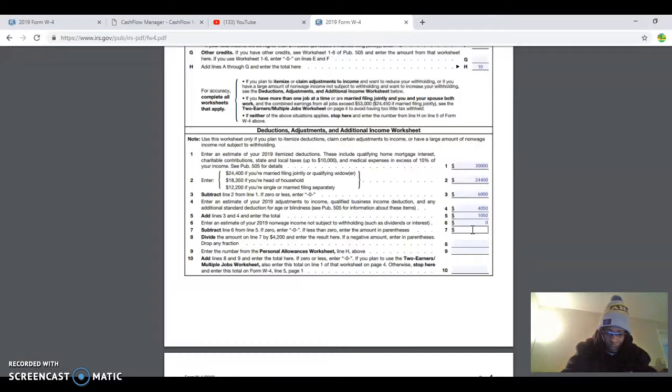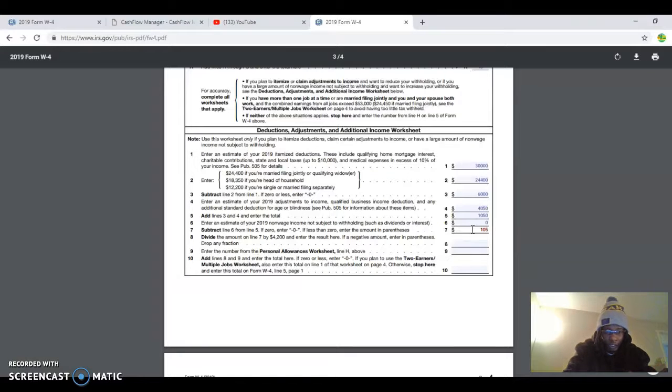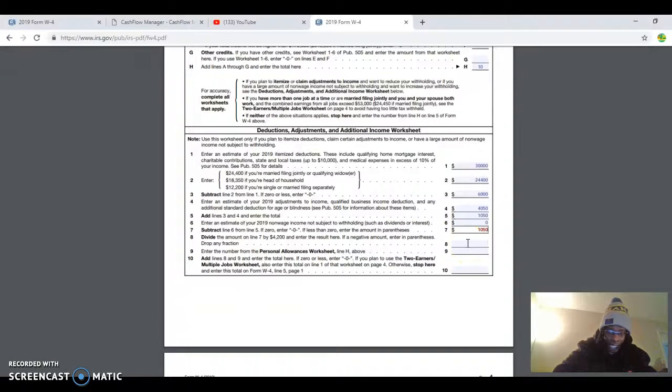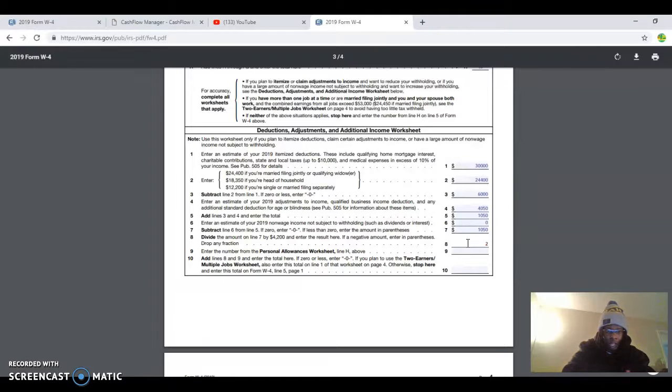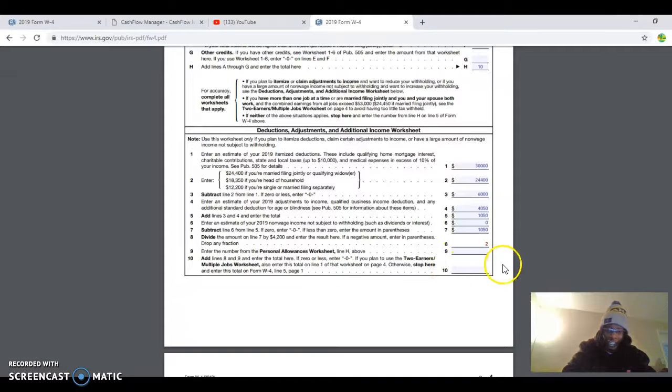So yours would still be the same because you would have 0, my bad. And then line 8 is when you divide your number by 4,200, and you'll have like 2 point something. If it's a point, you just do the number in front of the decimal. Mine was 2. Okay. I'm trying to hurry up and rush through this because I don't have much time.